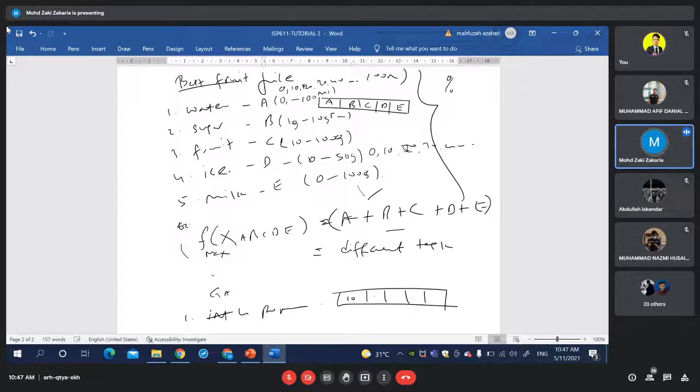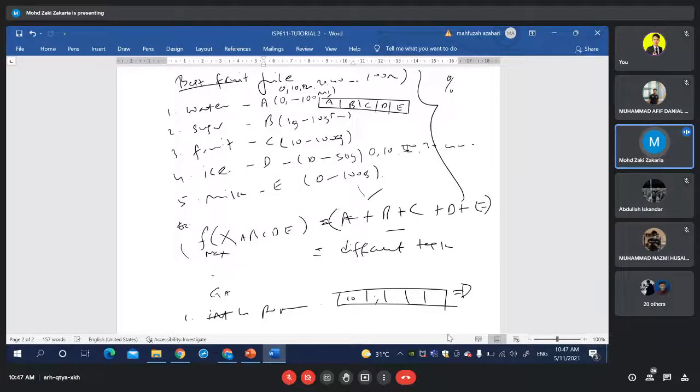We need to standardize the unit. So the best practice is to use percentage. Clear? Because if you mix ml and gram, I think we cannot produce one good solution. So we standardize the unit, so we convert to percentage. So maybe 0 means 0%, 10 means 10%, 20 means 20% of water.